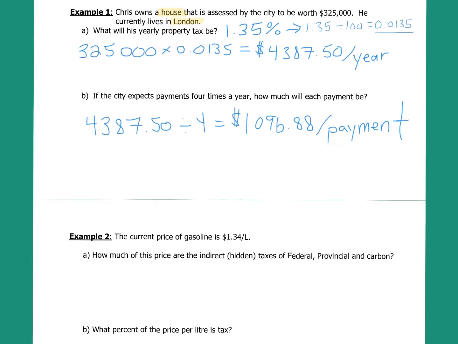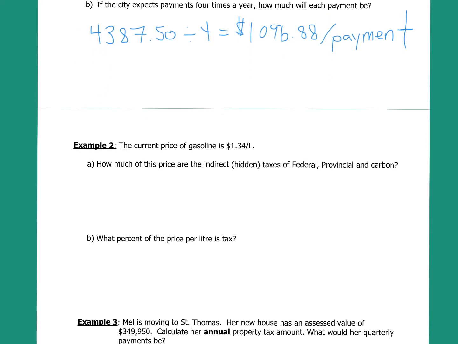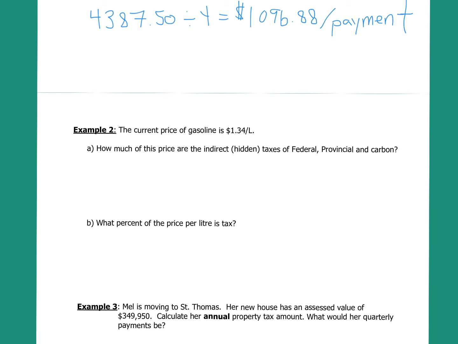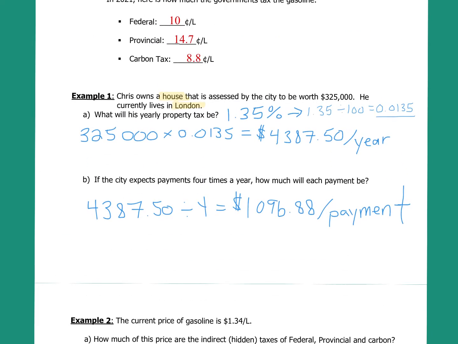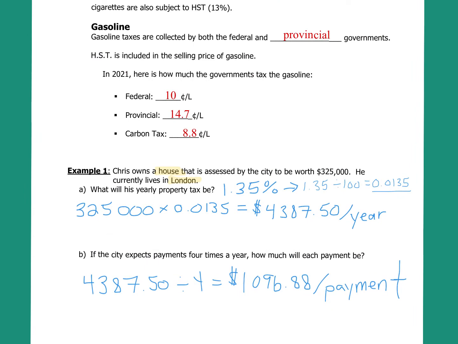Okay, we'll move on to example 2. The current price of gasoline is $1.34 per liter. How much of this price are the indirect taxes of the federal, provincial, and carbon? Those were listed above here: 10 cents, 14.7 cents, and 8.8 cents per liter.